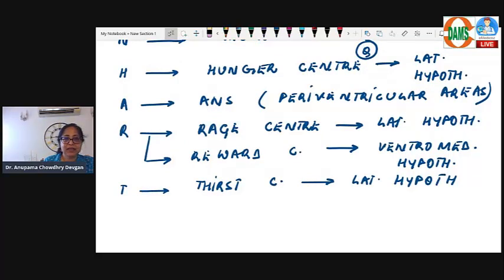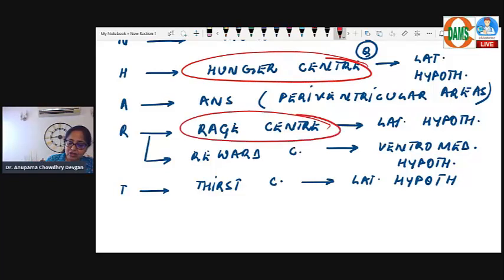If you see this, lateral hypothalamus has got overlapping functions. Lateral hypothalamus is the hunger center, rage center, thirst center.